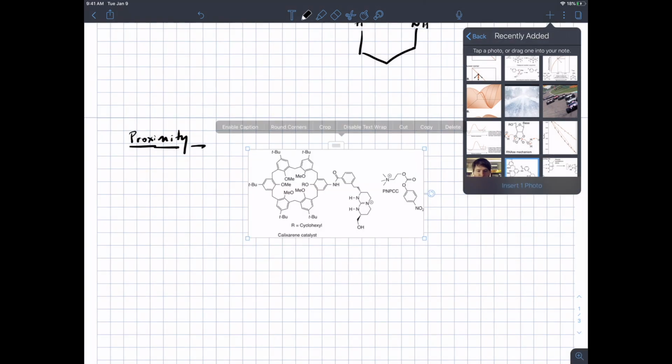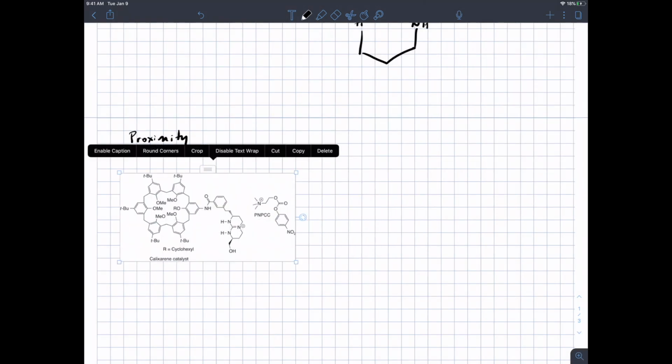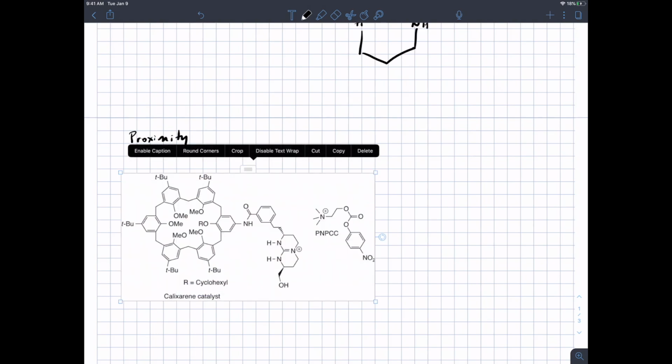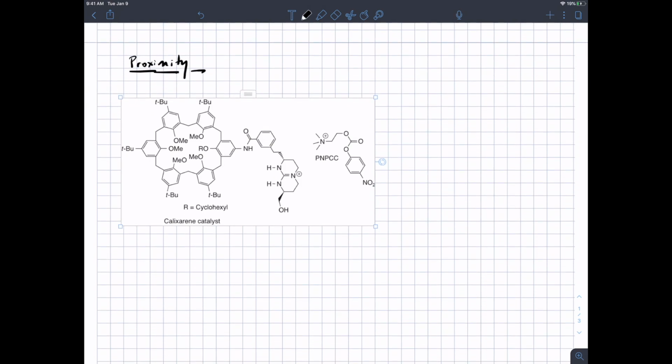So here is a designed catalyst from, I think, 2000. This was published in Chemistry, a European Journal, which isn't as fun to say as the European Journal of Organic Chemistry, or EurJOC. That's kind of fun to pronounce.